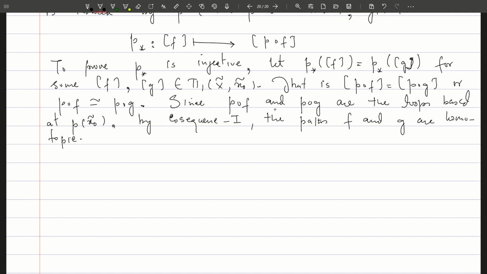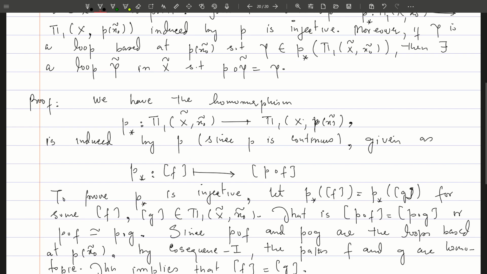Now if the paths F and G are homotopic, that means their homotopy classes will be equal. So this implies that the homotopy classes of F and G are equal. So this proves P star is injective.